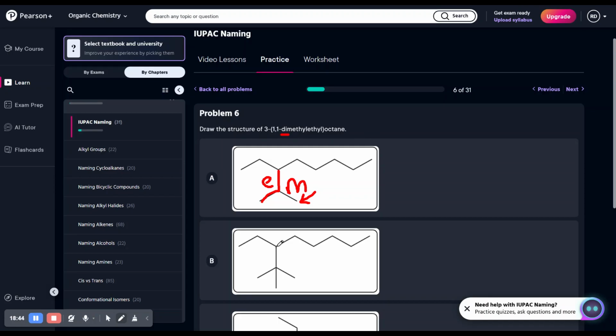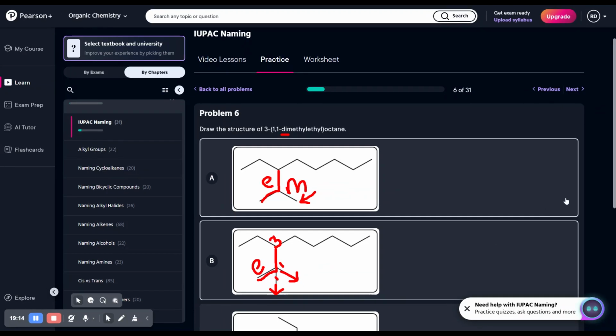However, right below it, we have an ethyl with a 1, 1. They're both on the same carbon. Dimethyl. These right here are our methyls. So I believe that answer B is the correct answer for the third carbon, 1, 1 dimethyl ethyl octane. Let's find out.